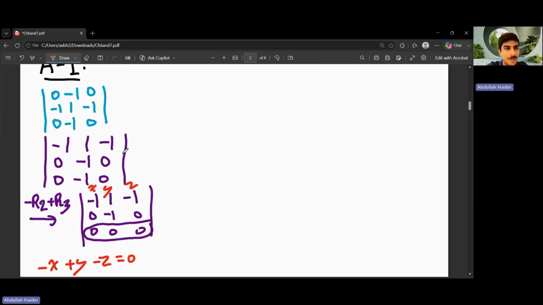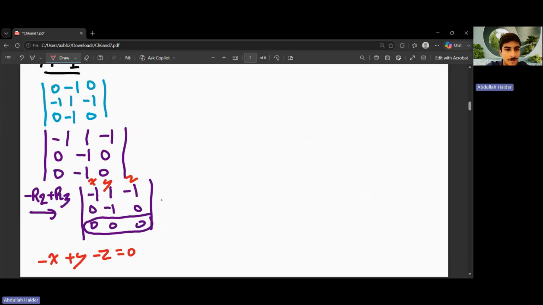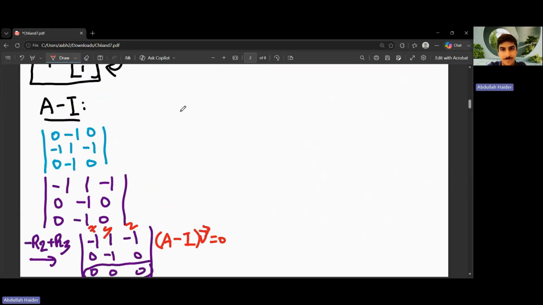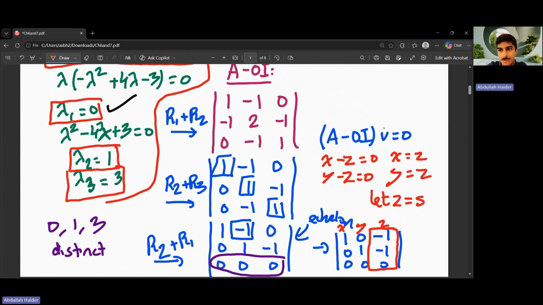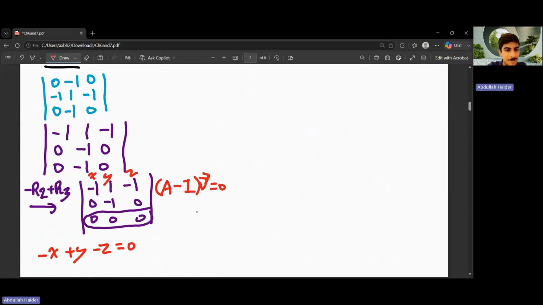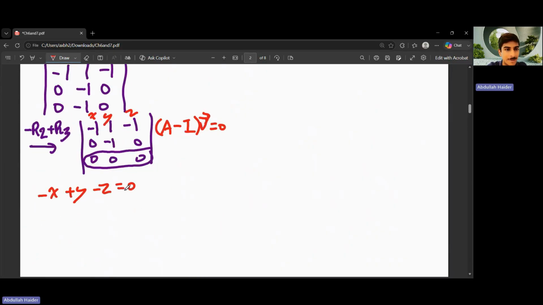So now what we're doing is A minus I multiplied by b equals 0. We need to find this eigenvector like how we did above. We need to find this b, and this means finding the solution space of this matrix.